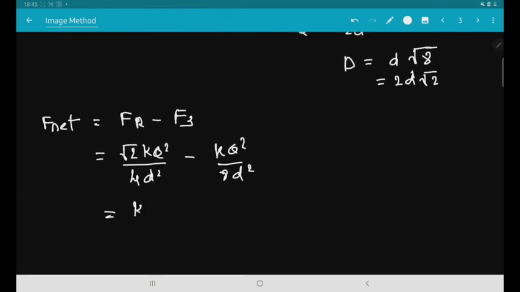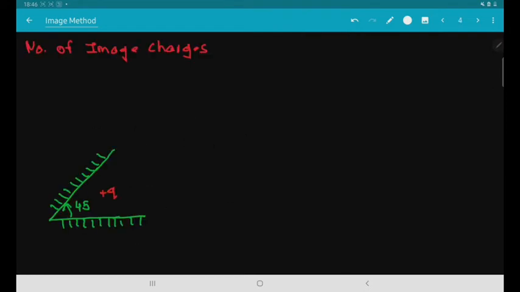So we can take KQ square by 4D square common, and inside the bracket we will have root 2 minus 1 by 2. This will be the net force on the charge Q.